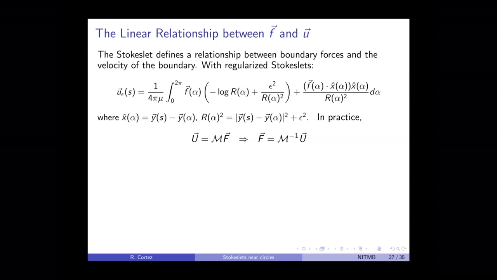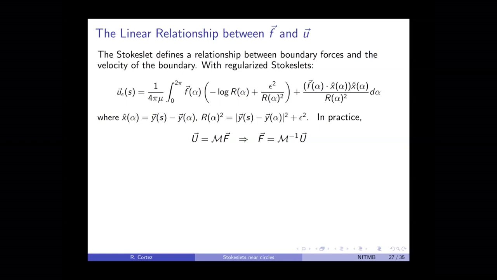And we have to be careful a little bit here, because there's a non-trivial null space in this problem, right? Because if we take forces that are normal to the boundary, say of a circle, and constant magnitude normal to the boundary, then this doesn't move. It just increases the pressure inside. So there are non-trivial forces that produce zero velocity. So we have to be careful about that. But anyway, we can compute the forces this way.